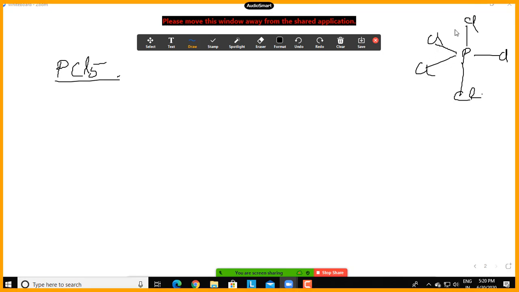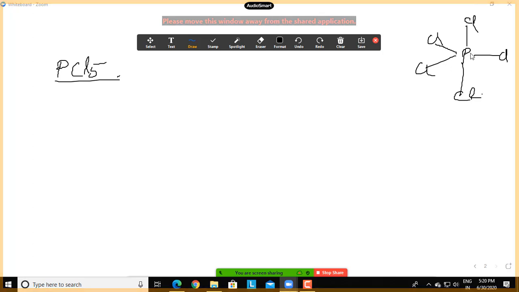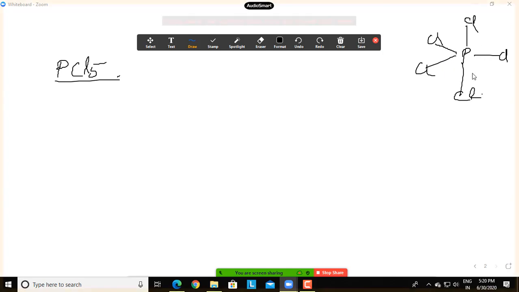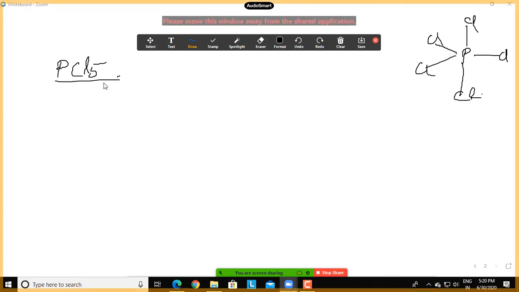So chlorine makes a single bond, so phosphorus has to make 5 bonds with 5 chlorine atoms. So this should be the Lewis structure. But phosphorus octet is violated. It is more than octet. Phosphorus has 5 valence shell electrons and it is making 5 sigma bonds. So it is 5 plus 5, 10. So how is it formed? That is explained in valence bond theory.